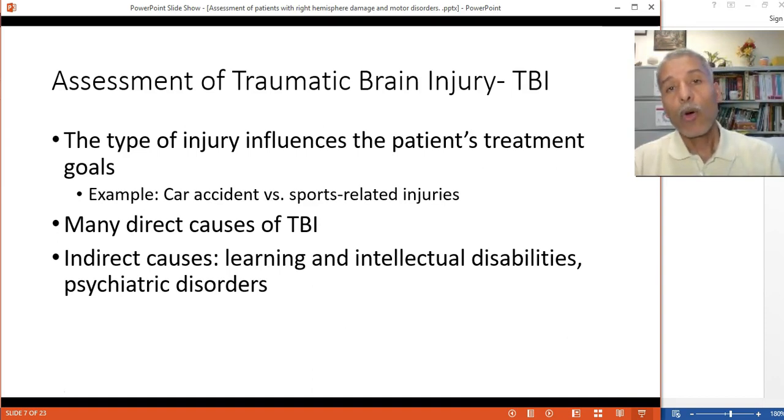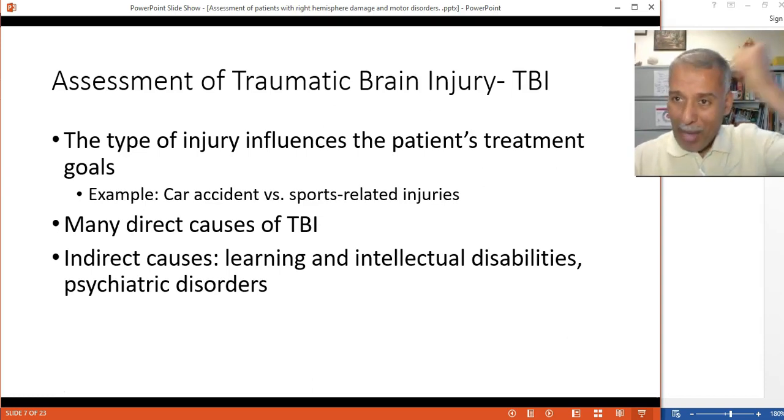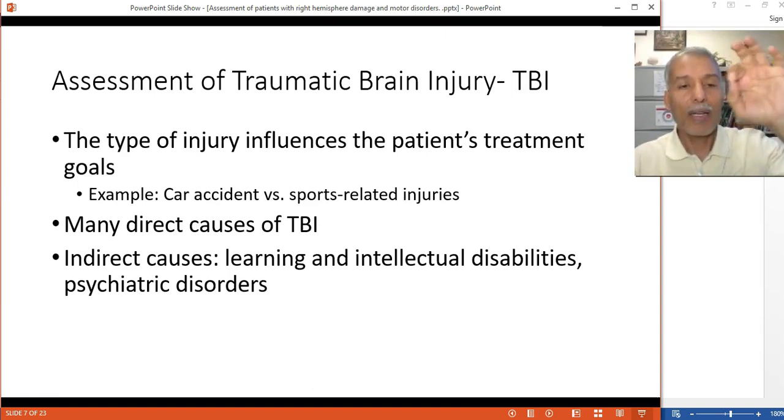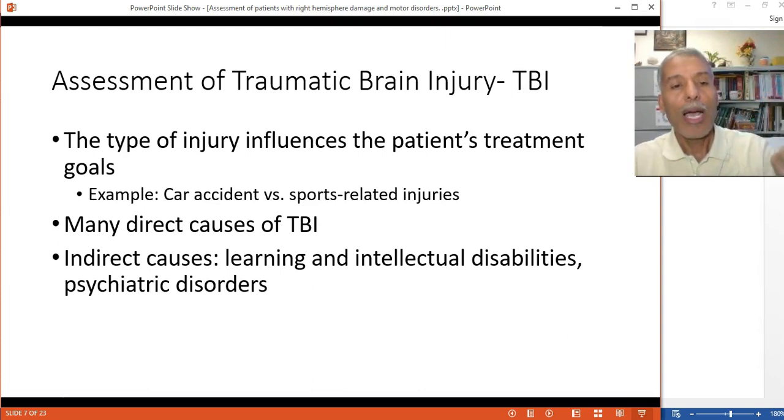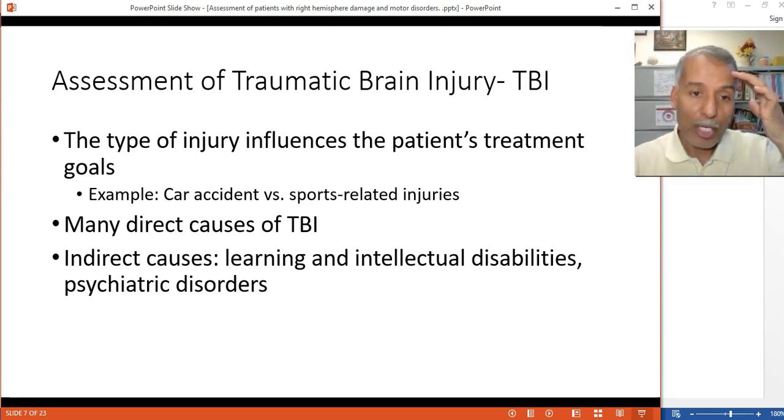There are many causes of TBI, obviously. There are direct ones that have to do with the impact itself and which area in the brain is impacted. These are the direct causes. And then there are indirect causes that occur as a result of an area that is damaged in a particular location.